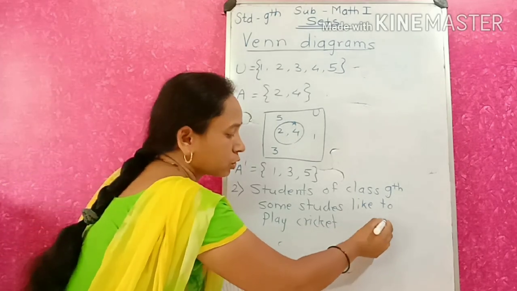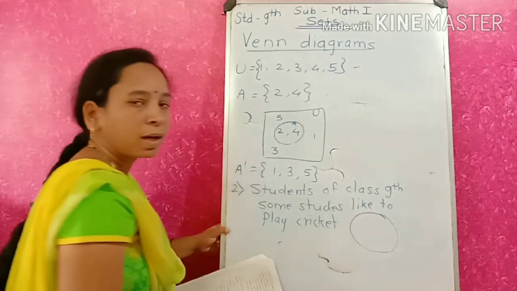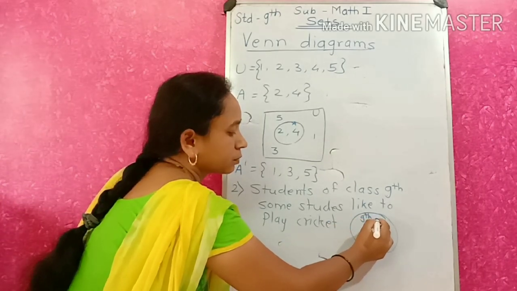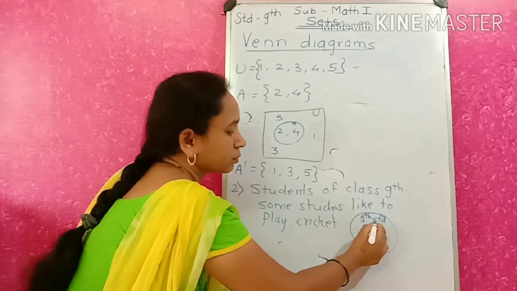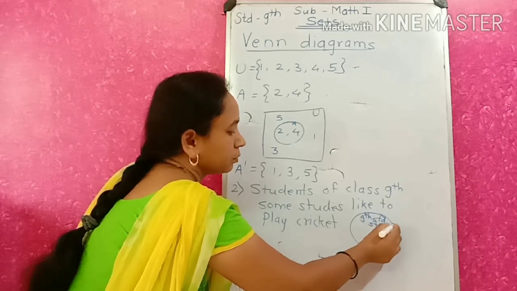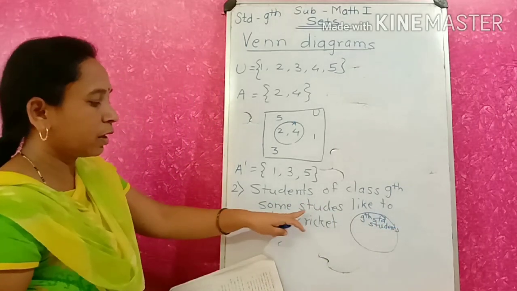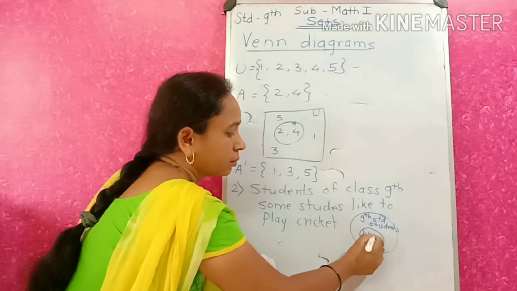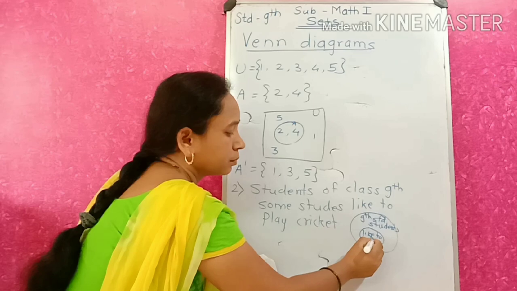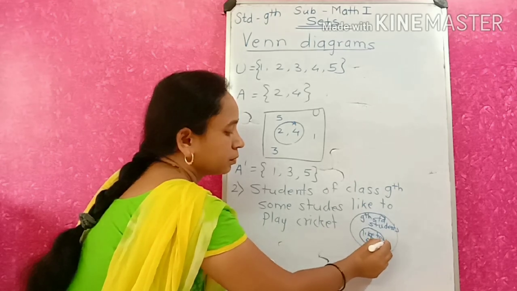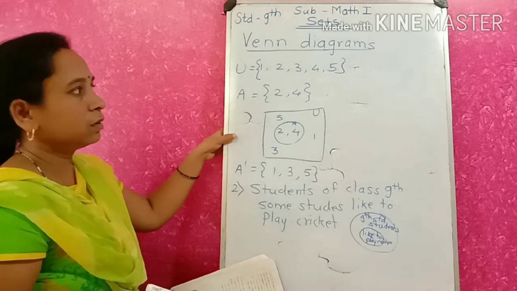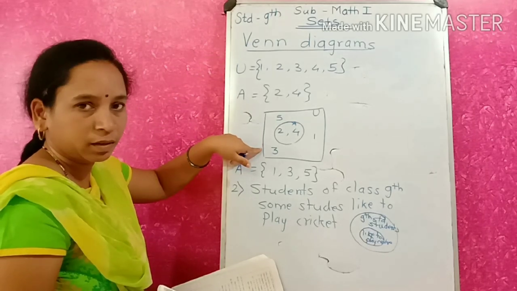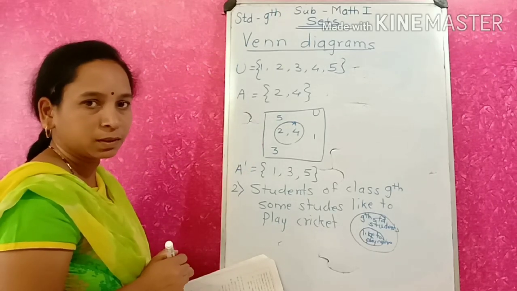Suppose this is the class 9th standard students. And in this you can find some students who like to play cricket. So this is representing the sets by using a Venn diagram. We'll see a few more examples.